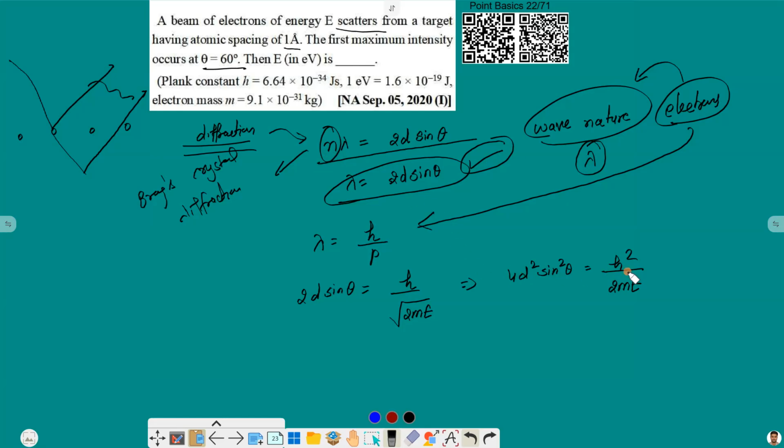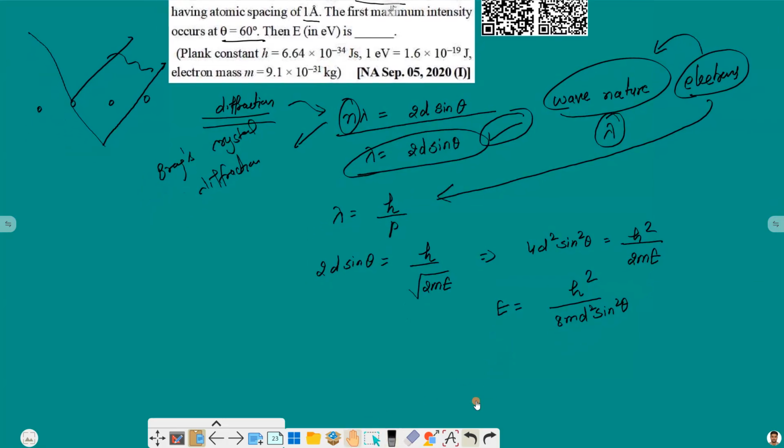So from this we have to calculate energy, and basically energy E becomes h square by 8md square sine square theta. So I think, yeah. Now we need to substitute values.